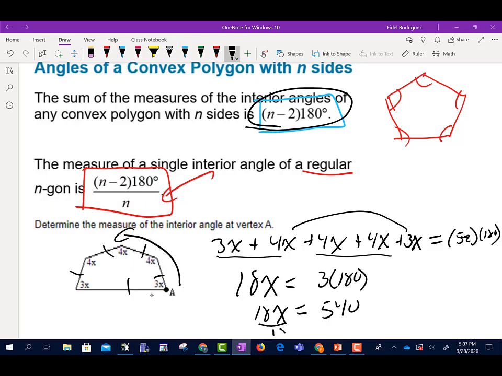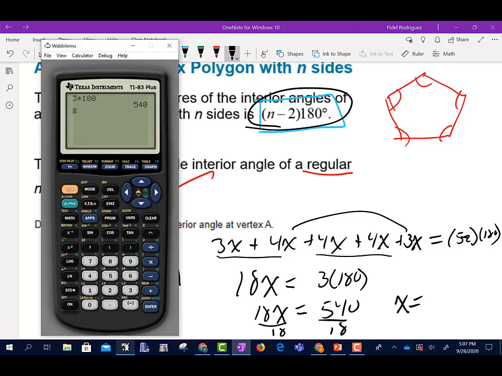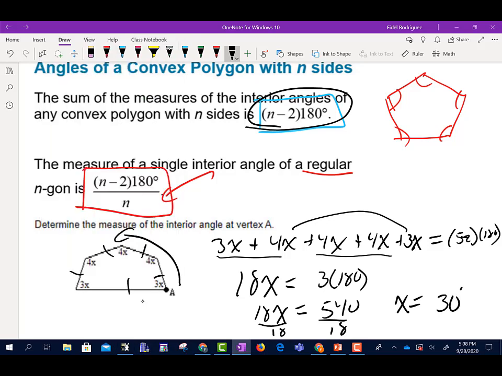Then we're going to divide both sides by 18. So divided by 18, that gives me x is equal to 30 degrees, right? But it says we want to know the measure of the interior angle at vertex A. Well, vertex A is a 3x. So that would be 3 times 30, which should be 90 degrees, right?